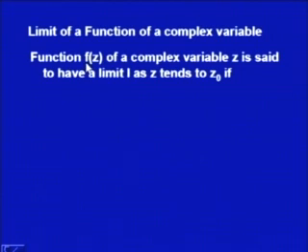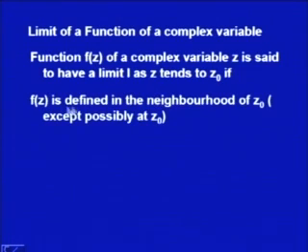So, let us say f(z) is a complex variable function, z is the complex variable, then this function f(z) has a limit L as z tends to z naught if it satisfies two conditions. The first is f(z) is defined in the neighborhood of z naught except possibly at z naught.